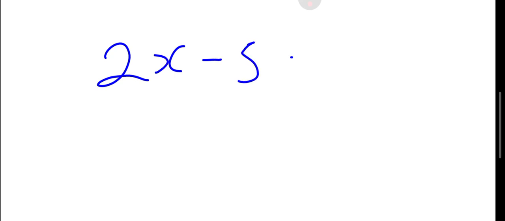Linear equations are equations with the highest power of the variable being 1. For example, we have something like 2x minus 5 is equal to 13. x here has a power of 1, and that is the highest power in the equation, so it is called a linear equation.